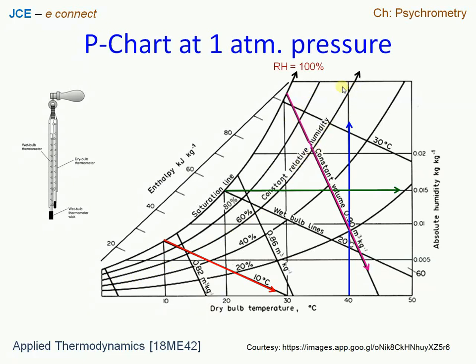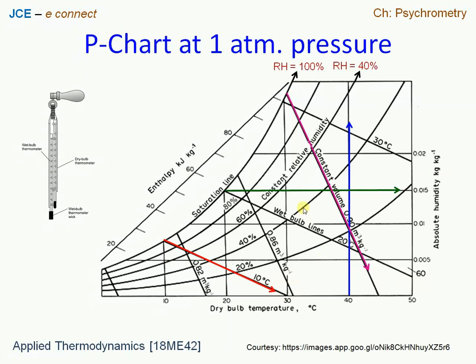As we move away from this saturation line, the relative humidity value keeps decreasing. We also have another scale, an enthalpy scale in kilojoule per kg, and these enthalpy graduations are parallel to the wet bulb temperature lines.